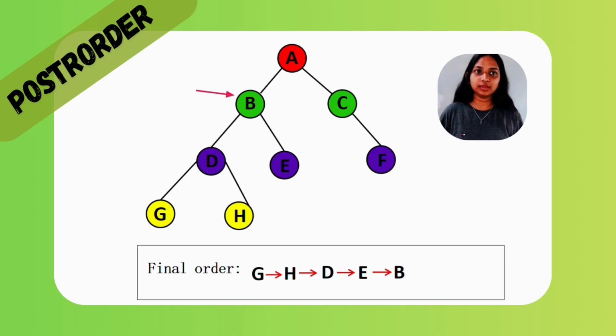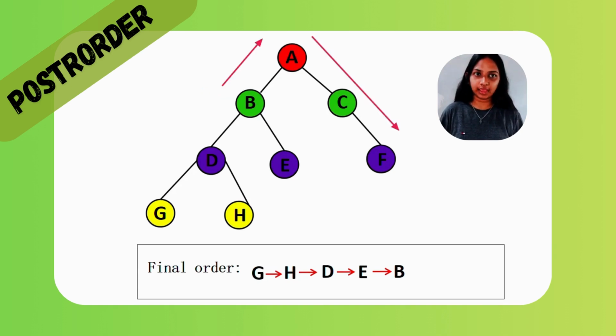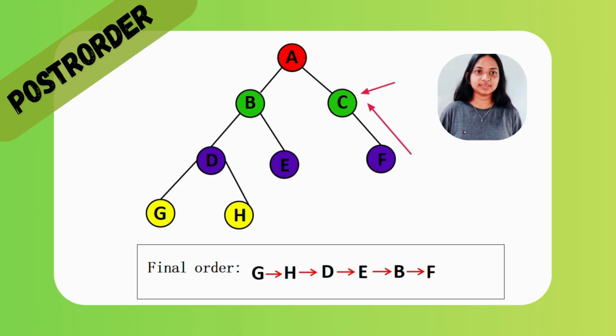We look back at the main boss A, but we still have a whole right side to finish. We move to C. Before visiting C, we check its children. We find F on the right side and visit F. Now that C's children are finished, we visit the parent C. Finally, every single house in the tree is finished.